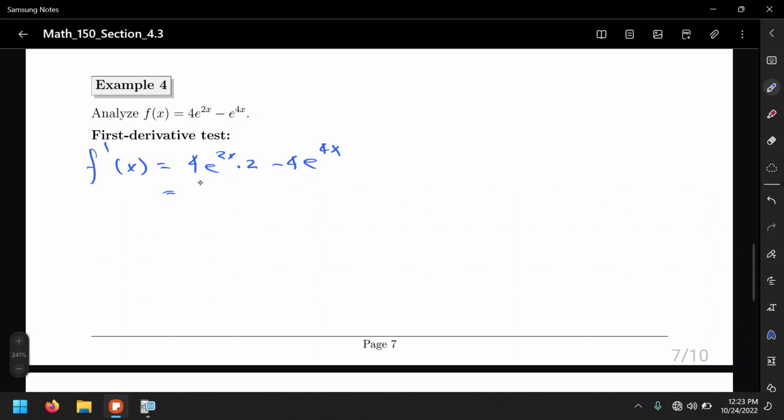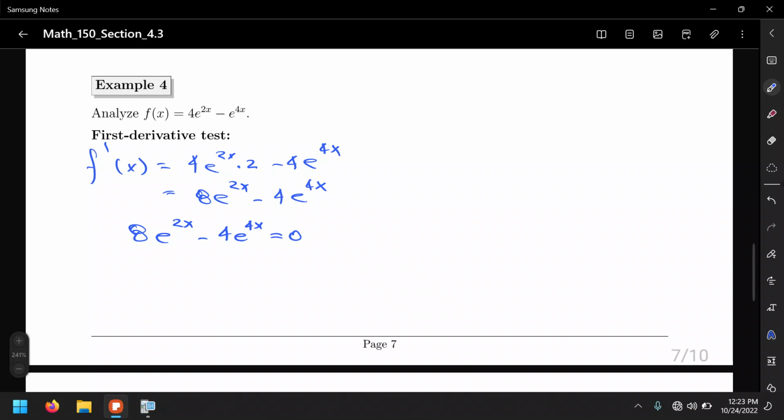And simplifying this is going to be 8e to the 2x minus 4e to the 4x. All right. Well, in this case, we need to set the derivative equal to 0 to get the critical values. That is 8e to the 2x minus 4e to the 4x. Set that equal to 0.